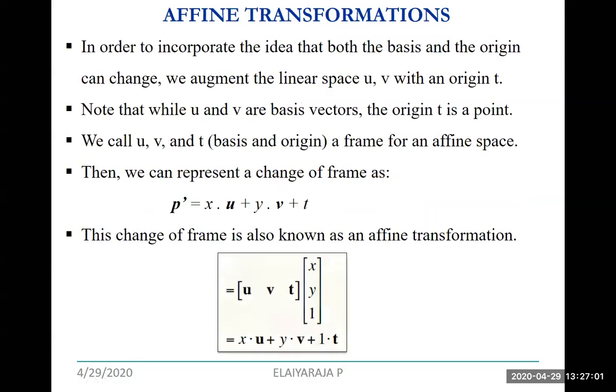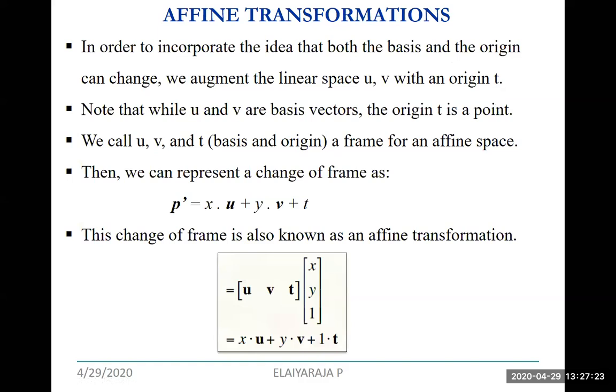In order to incorporate the idea that both the basis as well as the origin can change, we augment the linear space u, v with an origin t. For example, very simple, translation, rotation and reflection are all good examples of affine transformations.